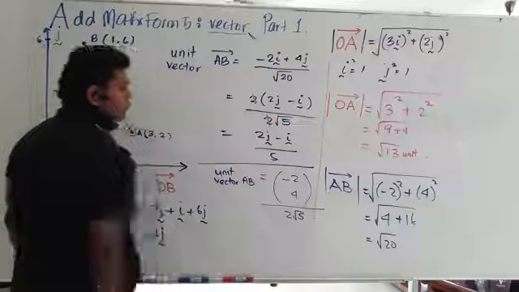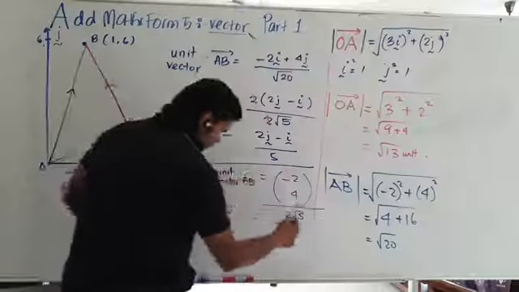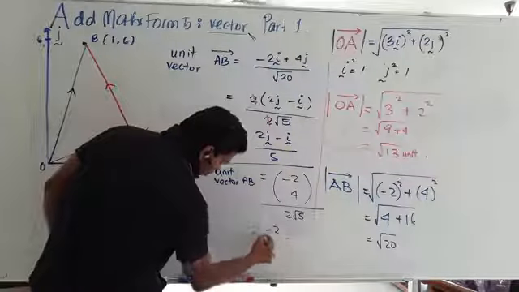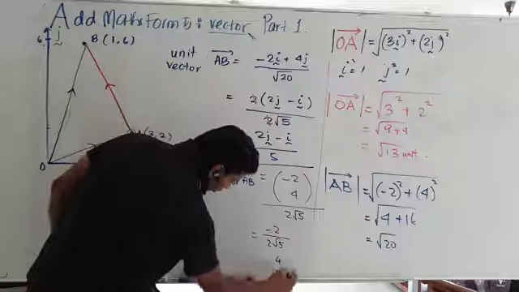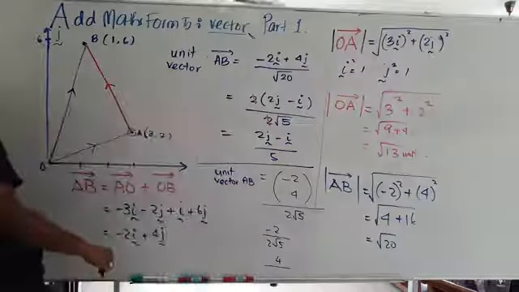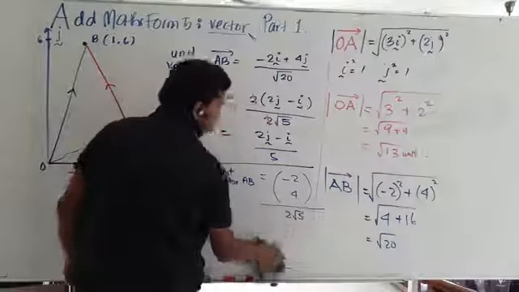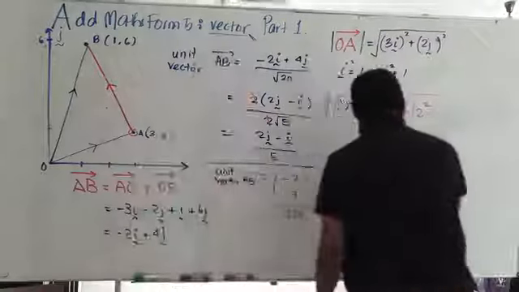Now separate them up. Negative 2 over 2 root 5, and 4, let's write it up. Okay, I'm going to write it here.